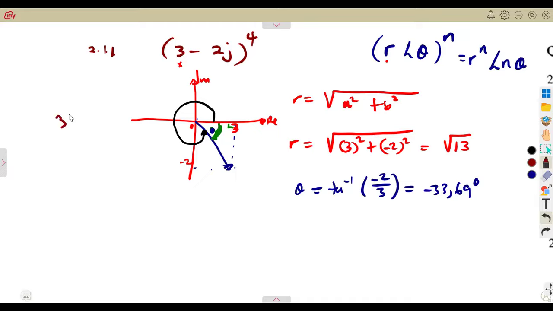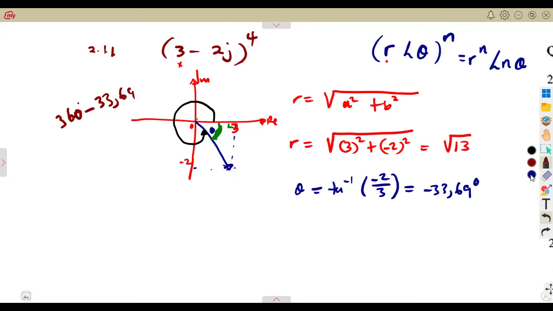The remaining angle is 360 minus this 33.69, that is the rest that you are seeing there, which is positive. So you find the difference, 360 subtract 33.69, which gives something like 326.31.